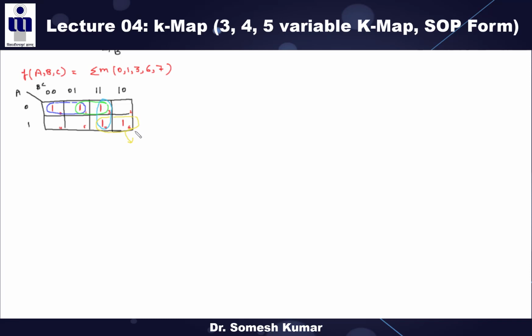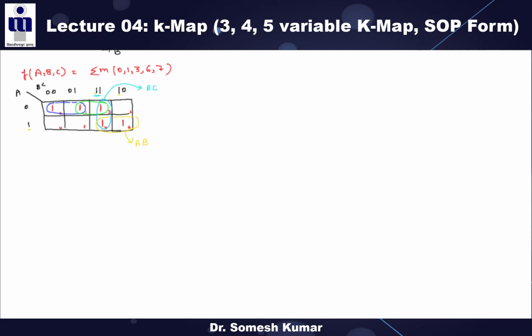Now tell me. From this yellow color pair, which one is the common term? See, A from here and from here, B. Right? Clear? Now, from this light blue color, which one is the common term? BC. BC is the common. Right?